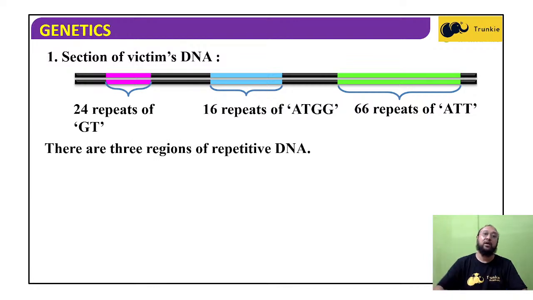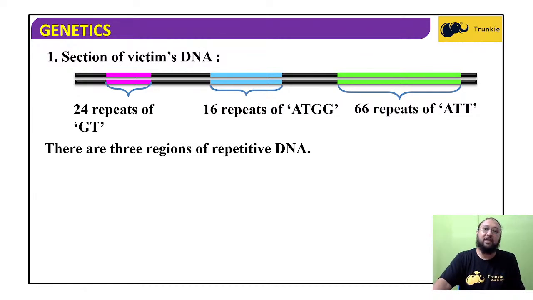So this is how the nitrogenous bases repeat: how many times they are repeating, then there is a gap, and then how many times they repeat again. The repeating pattern, the repetitive DNA, is very important. So if this matches another sample of DNA, that means this is a sample from that particular person.